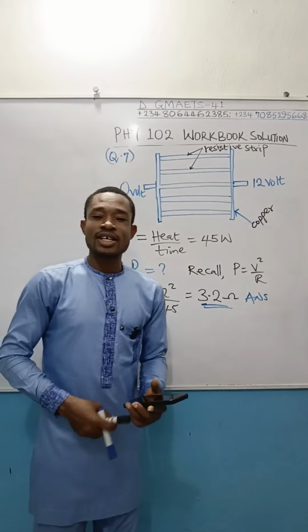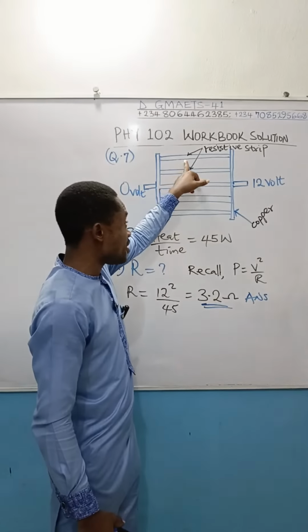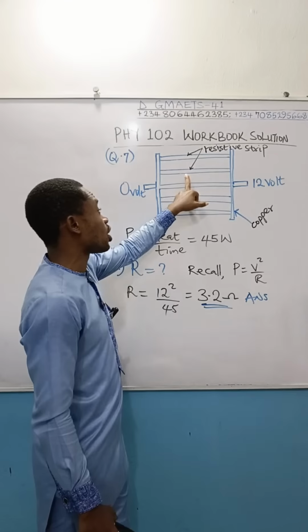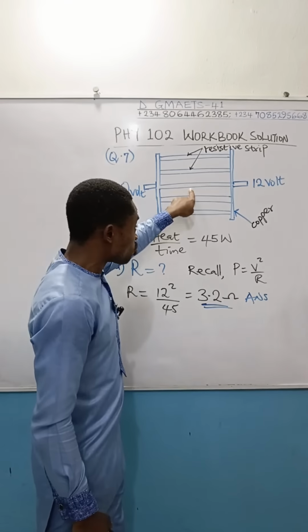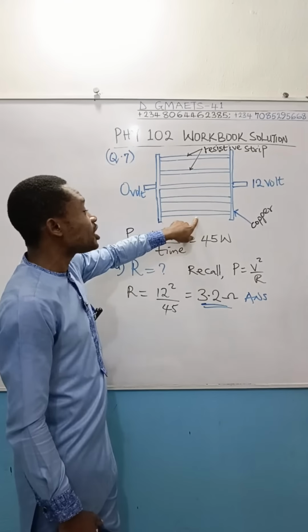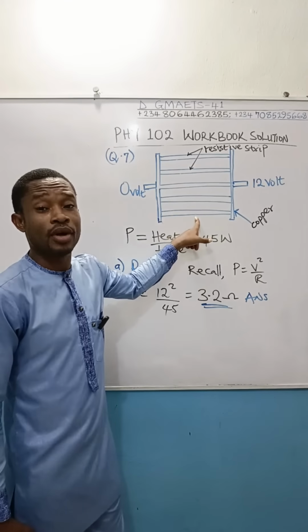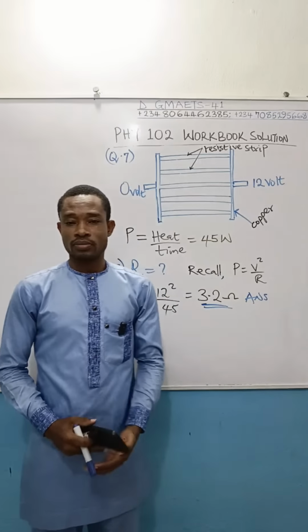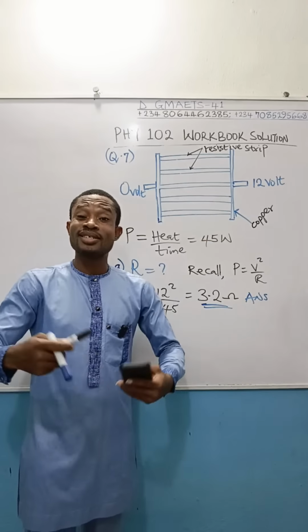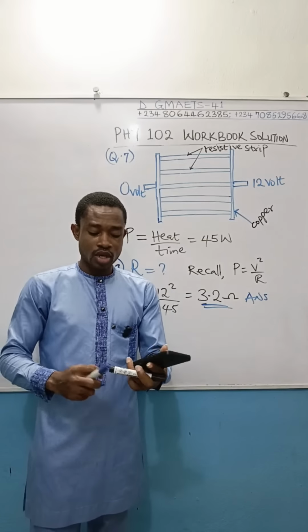If that is the assumption, it means that the resistance in each of the five resistive strips are all equal. And that is why the question says we should show that each of them is about 16 ohms.